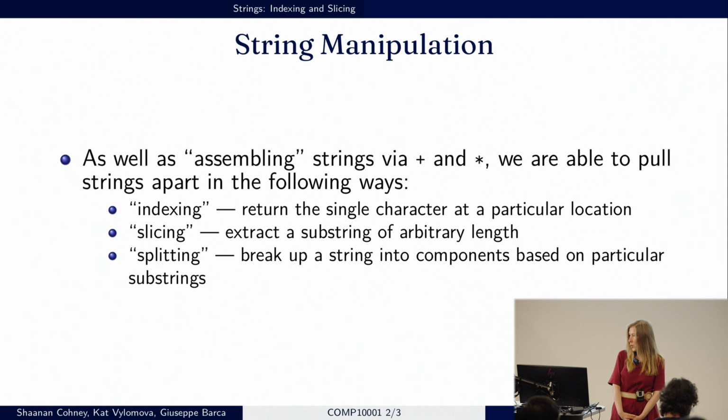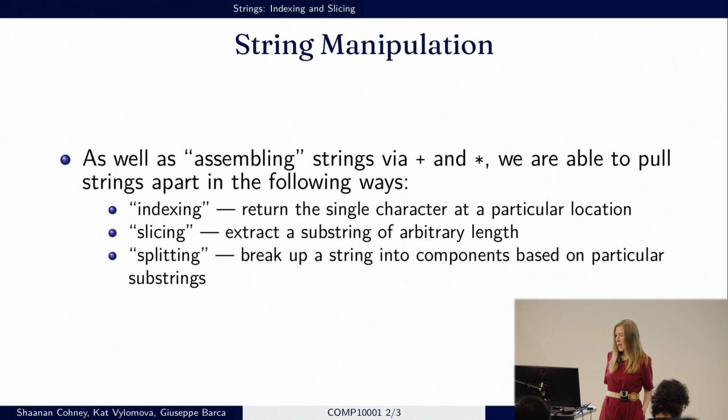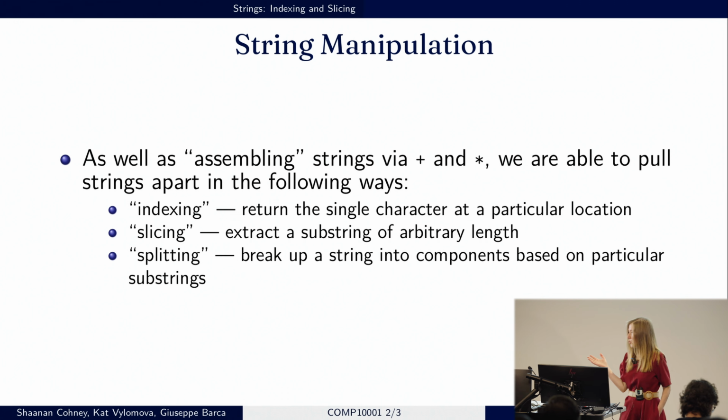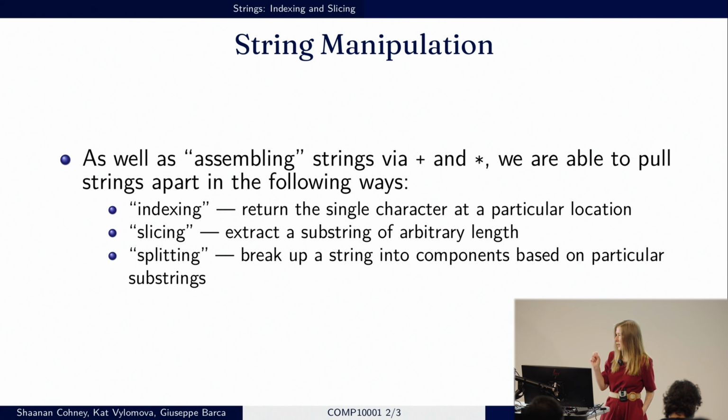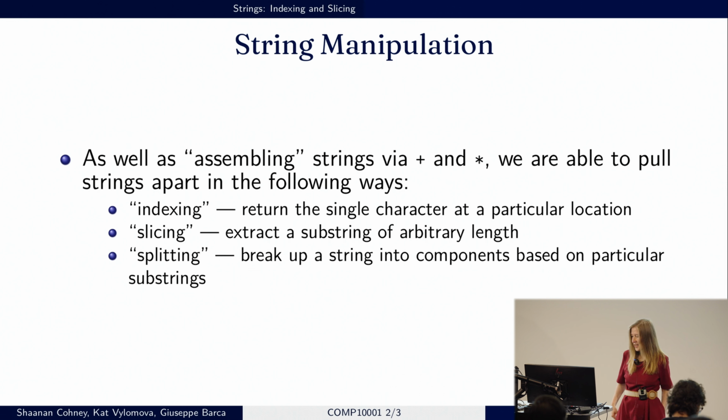One is called indexing. Indexing is retrieving a particular element at a particular position. Slicing means you retrieve a particular subsequence or substring of arbitrary length. It can still be of length 1. That will be the special case: indexing is a special case of slicing.